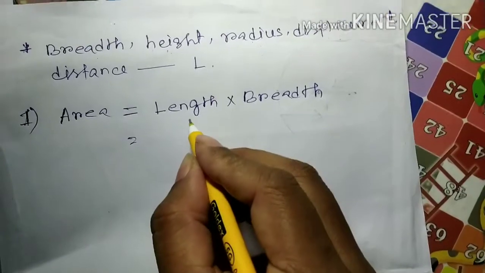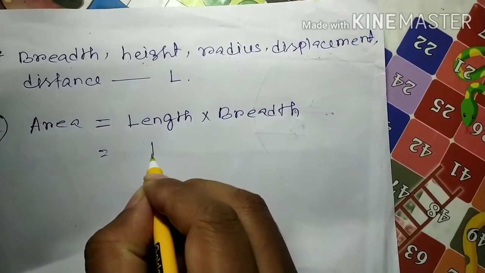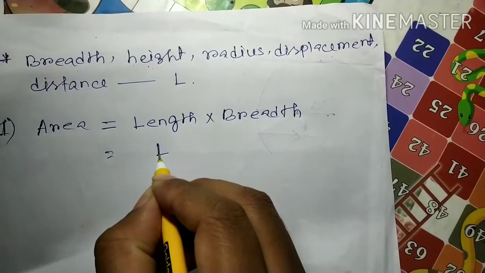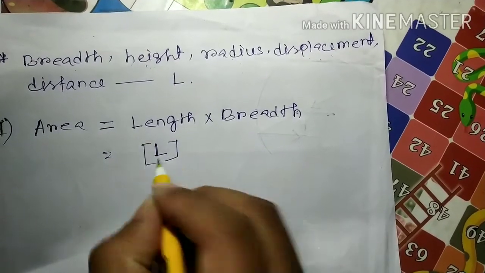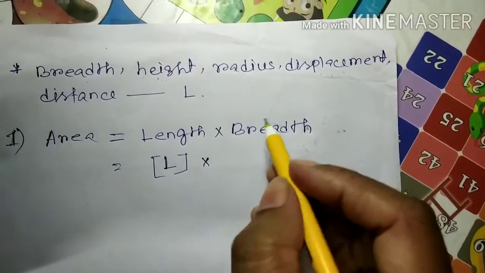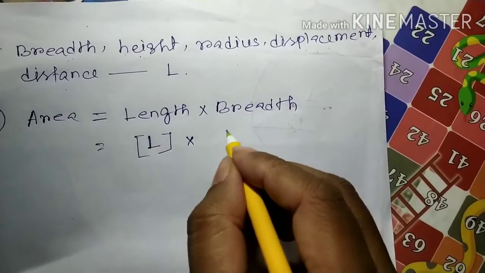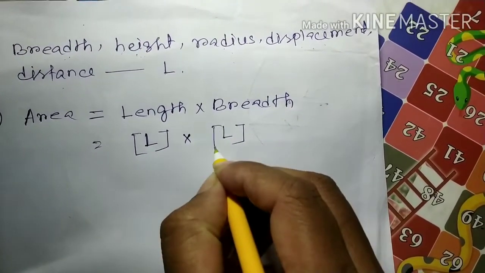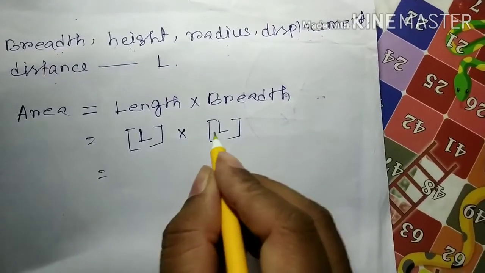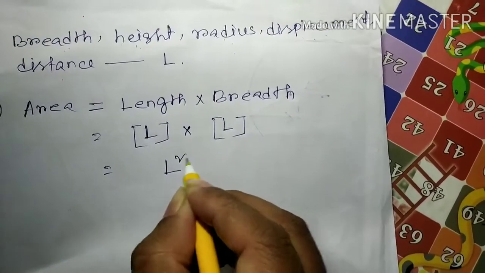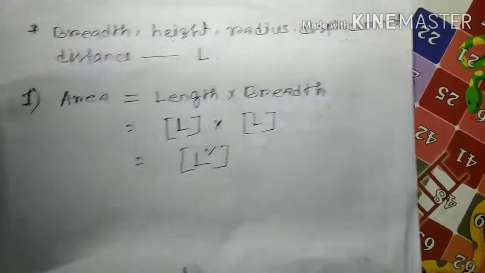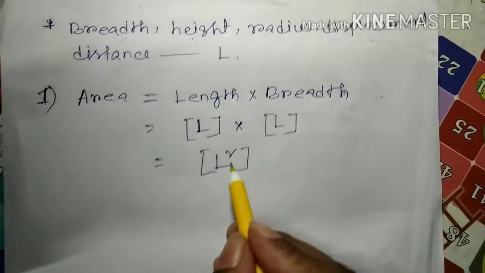So length, its dimension we know is L, so we will write this within third bracket. Into breadth, this one also we are expressing by capital L. So breadth its dimension is L. So L into L will be L square. So area, its dimension is L square.